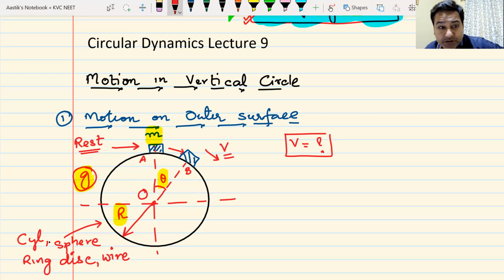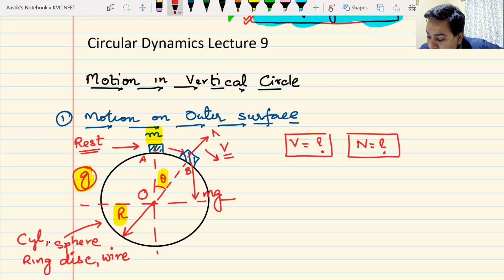Here, the most important question that is asked is the value of the velocity V in terms of the angle theta. Now I can make a lot of questions here. For example, they can also ask you what is the value of this normal reaction N. If I draw the free body diagram at this point B, weight mg would be downwards.